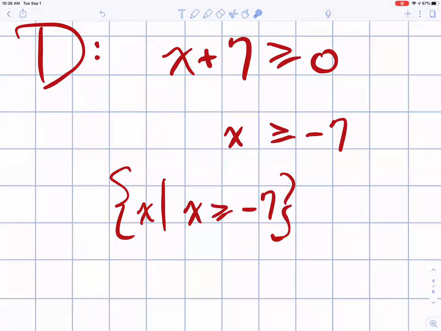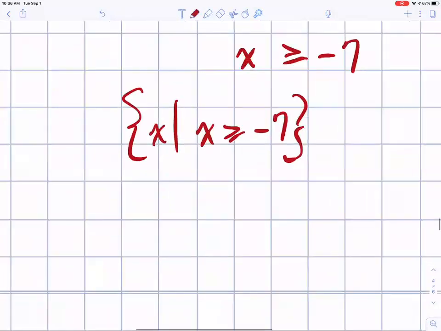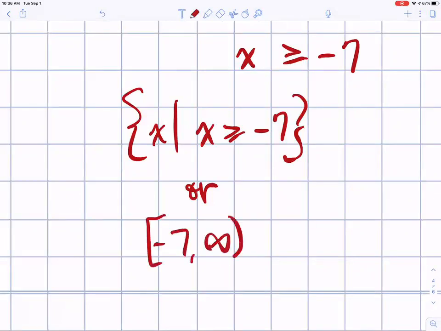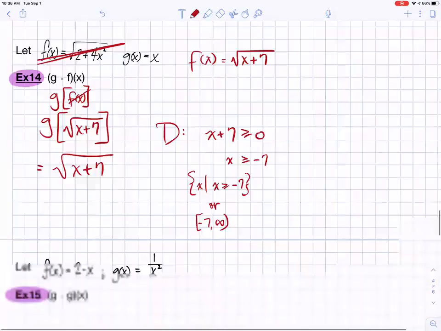You should be picturing a number line in your head right now. Okay, so how would I write that in interval form? Square bracket negative 7, that's my equal to. And then from negative 7 all the way to positive infinity. And really, my lab almost always requires interval form for domain.